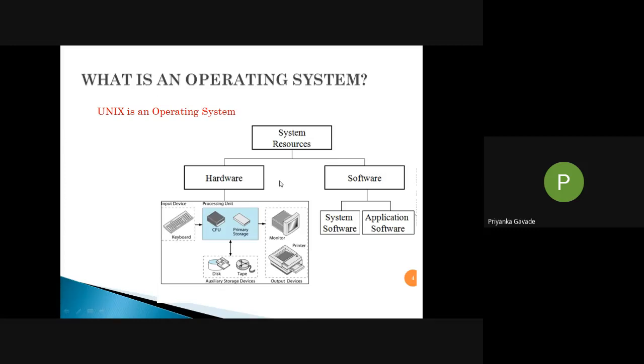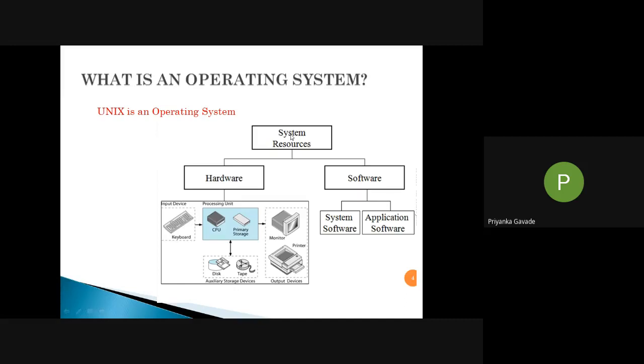The system resources can either be hardware resources or software resources, right? When I say hardware resources, the operating system is responsible for allocating and deallocating the CPUs, right? The input output devices like memories, disk drives, and printers, right? All these resources are to be properly allocated to the process that is running. So it is the responsibility of the operating system, right?